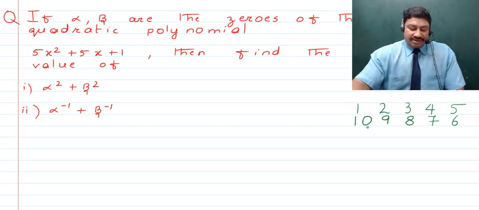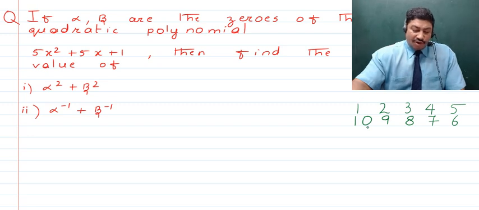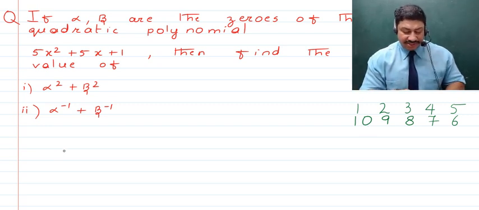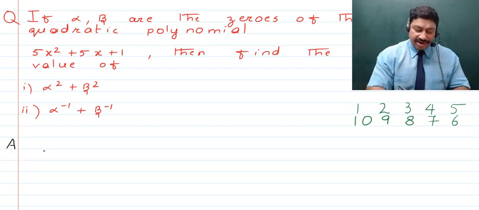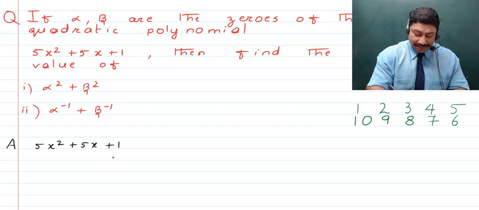Now children, here in this question we've been given that if alpha and beta are the zeros of the quadratic polynomial 5x squared plus 5x plus 1, then find the value of alpha squared plus beta squared and alpha raised to the power minus 1 plus beta raised to the power minus 1. So here in this sum, first we talk about this quadratic expression that we have, 5x squared plus 5x plus 1, right?